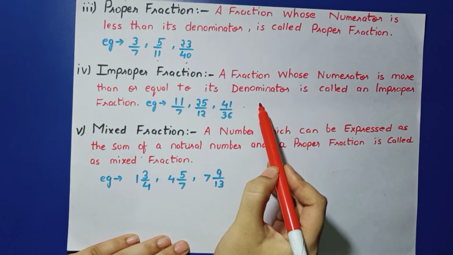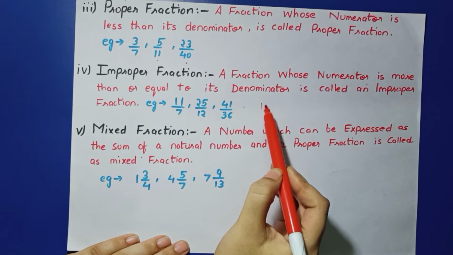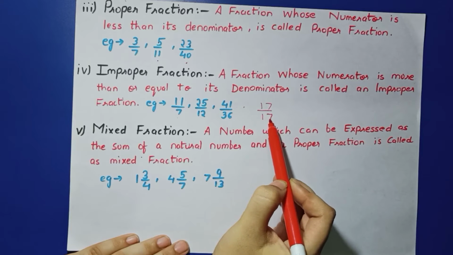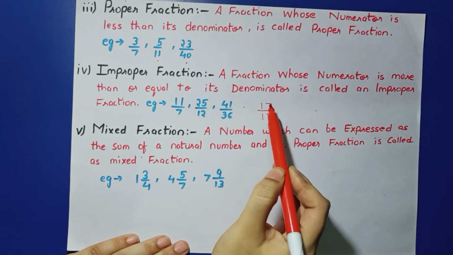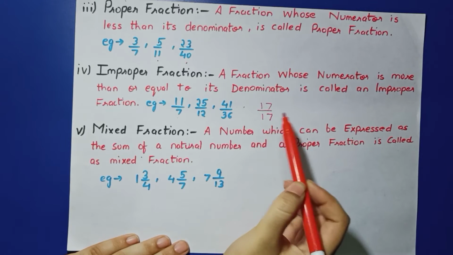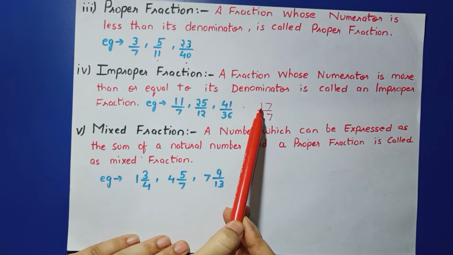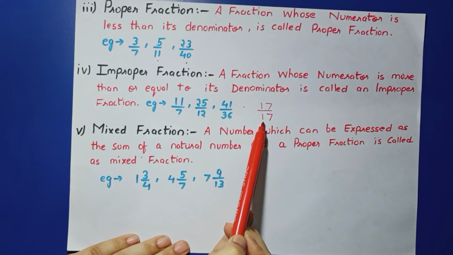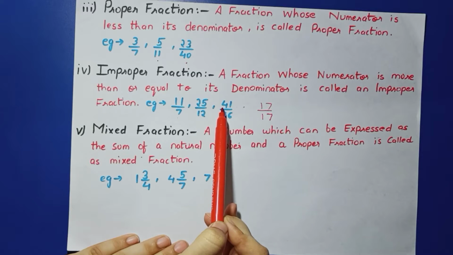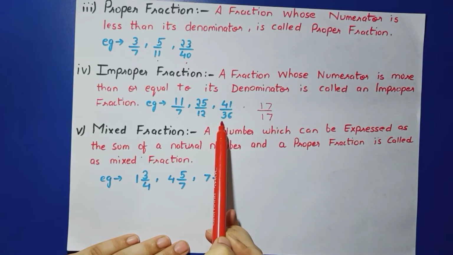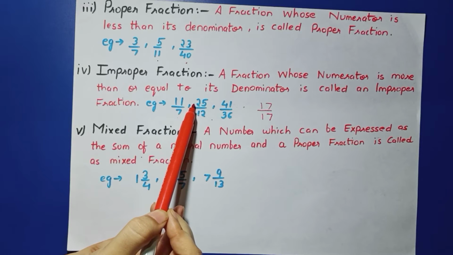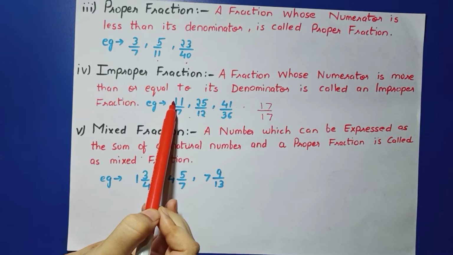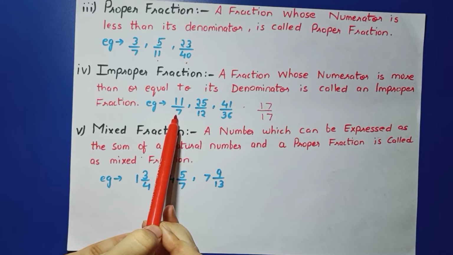If we take the example of 17 upon 17, this fraction is also an improper fraction because the numerator is equal to the denominator. Here the numerator is greater than the denominator. Here also the numerator is greater than the denominator.